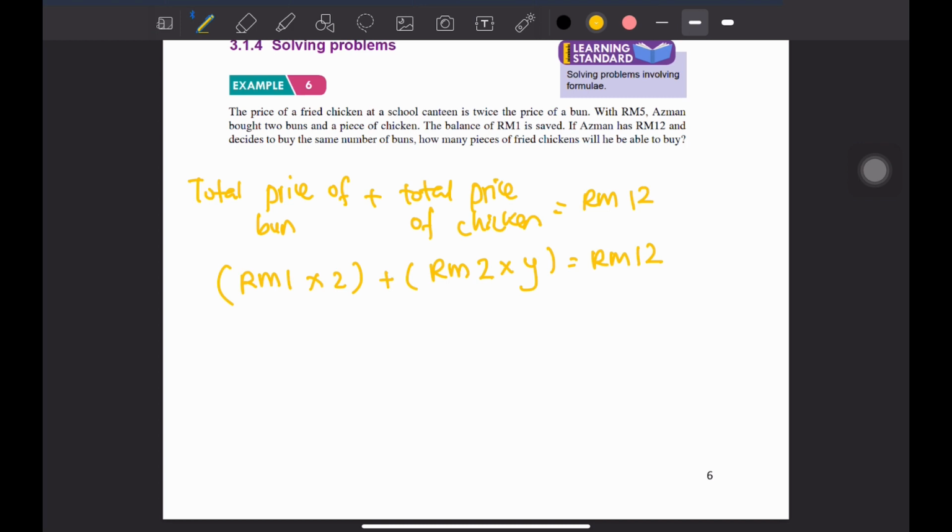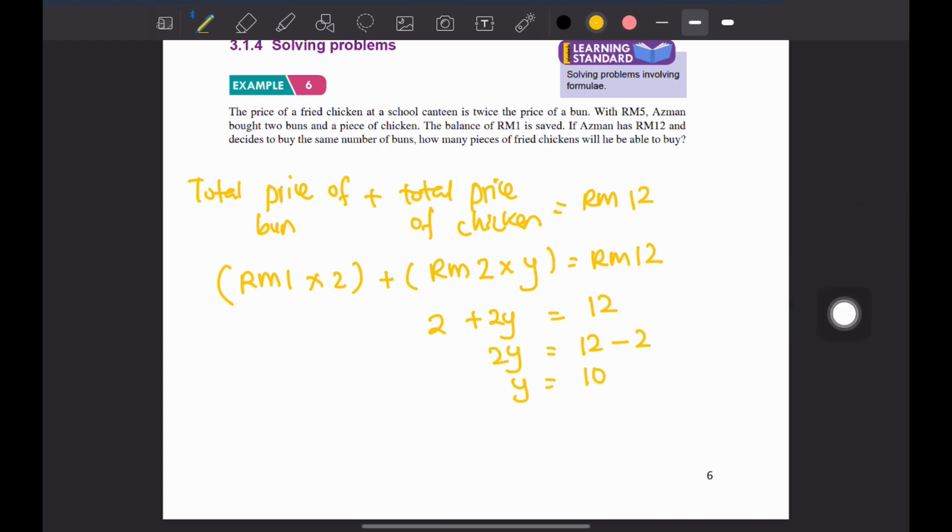So next I will rewrite without the RM. So over here I have 2 plus 2y is equals to 12. So now I want to find the value of y. So 2y is equals to 12 minus 2. 12 minus 2 is 10. Next, 2 ni darab kan? 2 darab y.